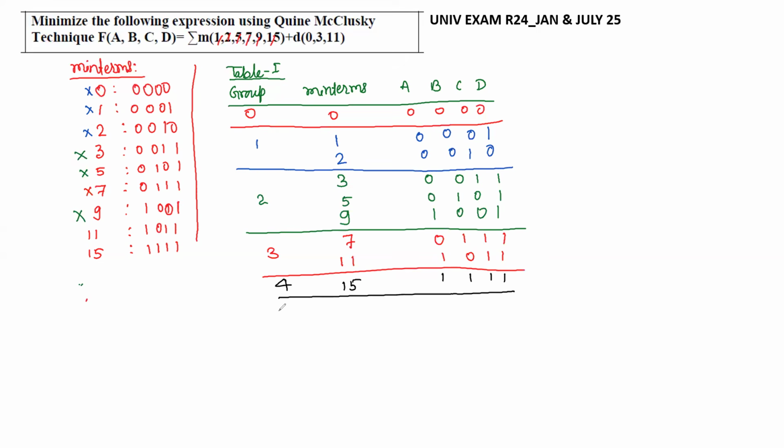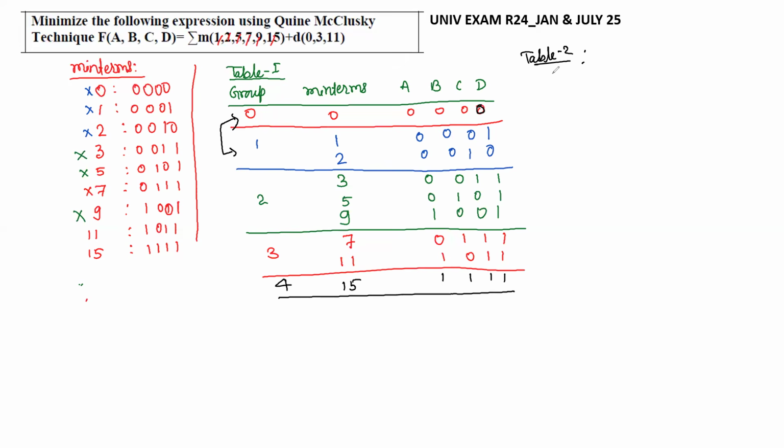Now we are going to compare consecutive groups, one group with another group. Pairing will take place from one group to another group, so another table is required here. Table 2. In that we are going to compare group 0 to group 1, and where literals are different we write a dash.